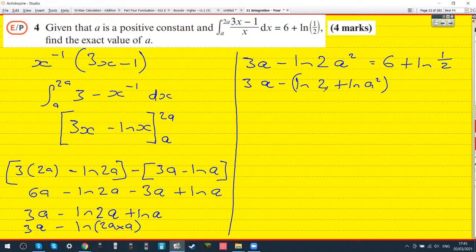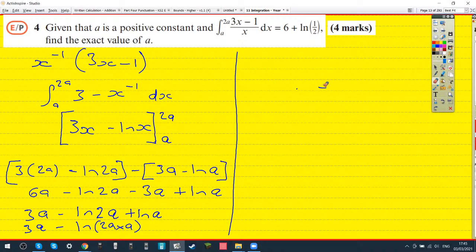Okay. But before we do that, let's do that step but further back. How would you know to do that? I don't know. So back at this point, before we got the squared, 3a minus ln 2a, how else can you write that? You could write that as ln 2 plus ln a.